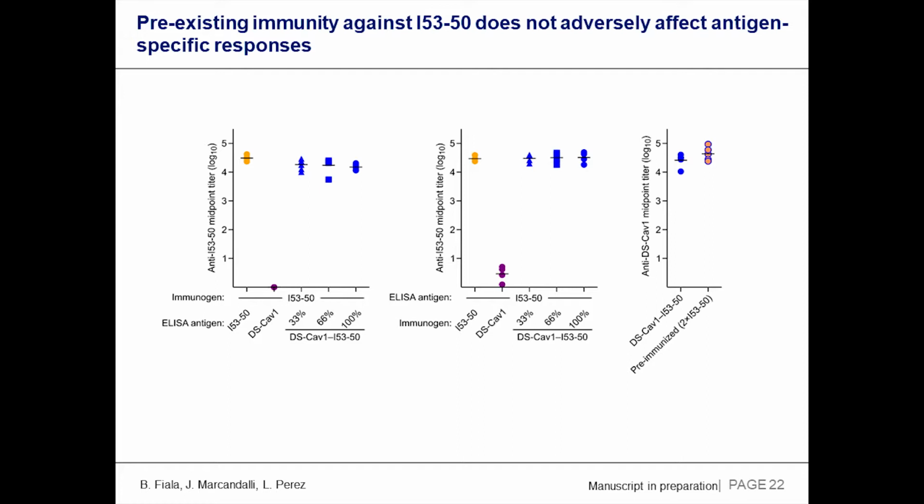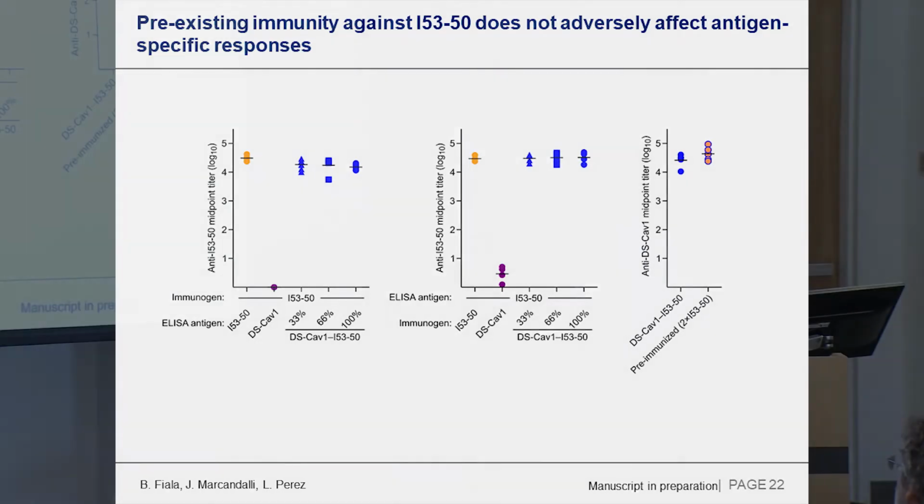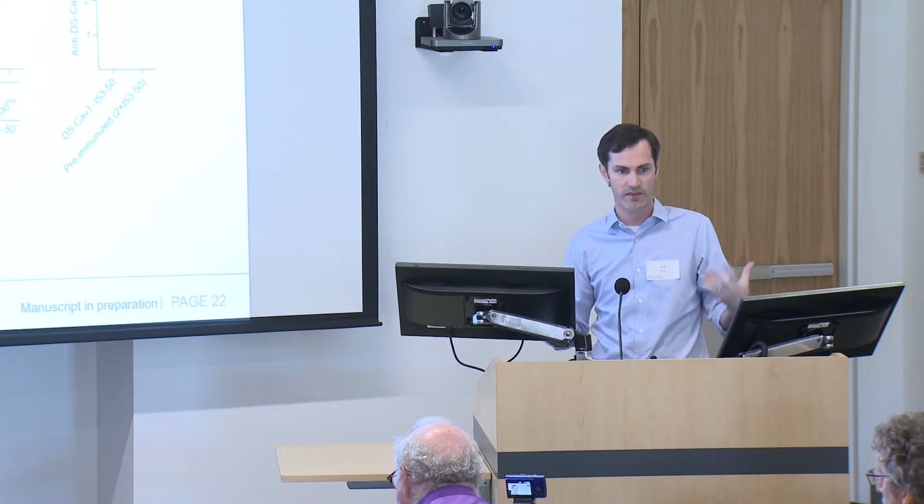You can see there's this slight decrease in binding titers as you put the antigen on the outside of the particle. You're tempted to think that that's physical masking of the underlying particle by the displayed antigen, and that is not the case. So if you immunize with these different versions of the particles with various valencies of the antigen on the outside, and then come back and measure binding titers against just naked I5350, you see no difference whatsoever. So this doesn't appear to be a physical masking effect.